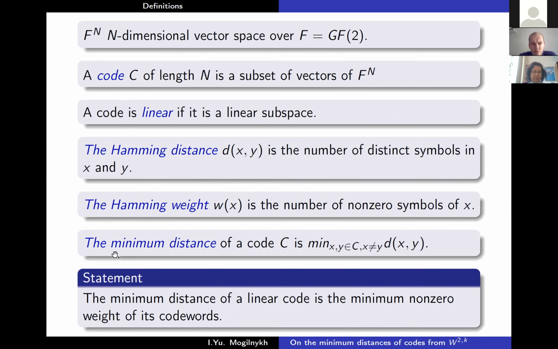And the minimum distance of a general code, which can be nonlinear, is defined as the minimum of the Hamming distances between pairs of distinct code words of the code. In the case of linear codes, the minimum distance is actually the minimum non-zero weight of the code words.